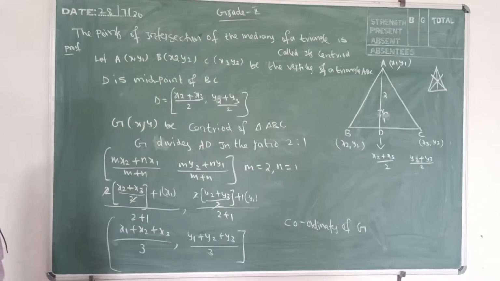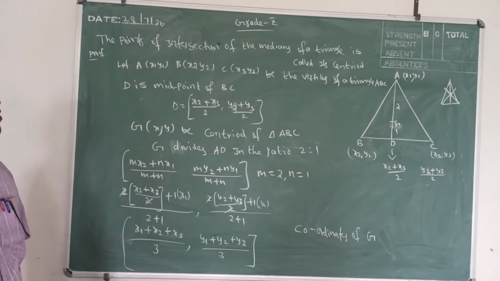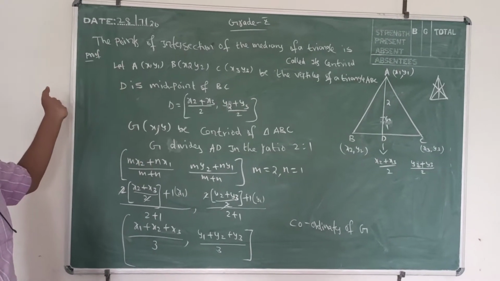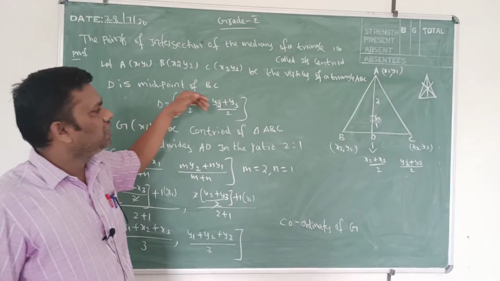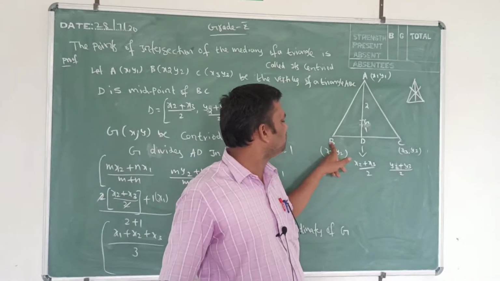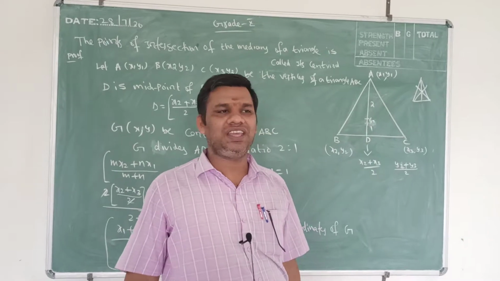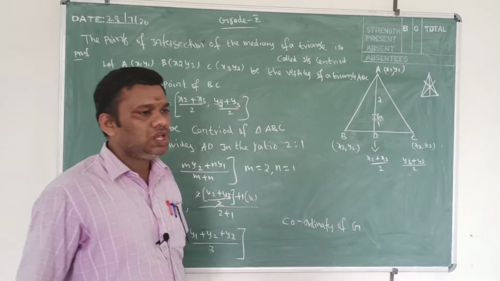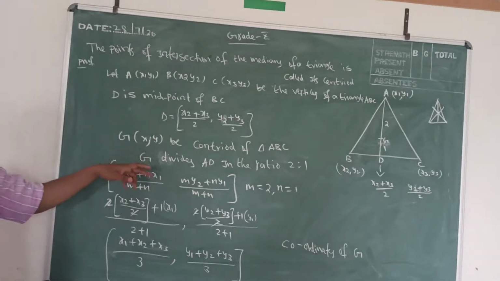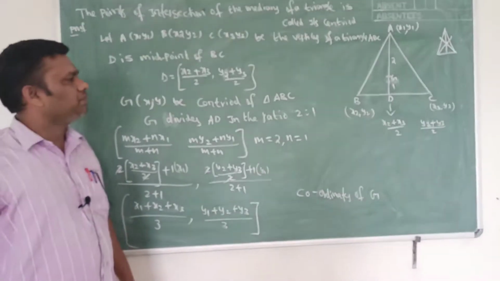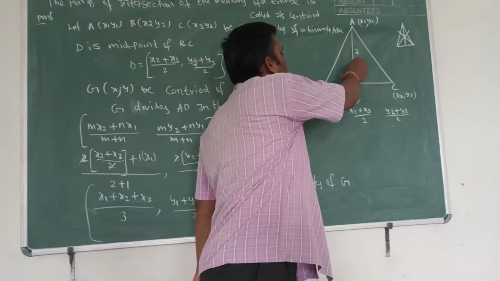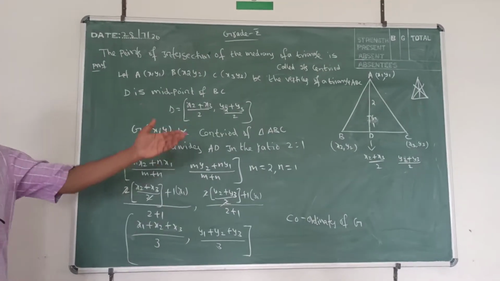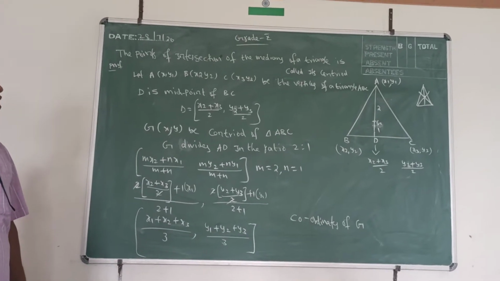Proof. Let A(x1, y1), B(x2, y2), C(x3, y3) be the vertices of a triangle ABC. Let G(x, y) be the centroid of triangle ABC.